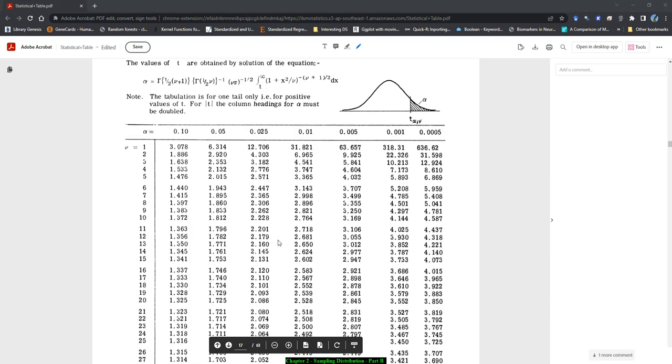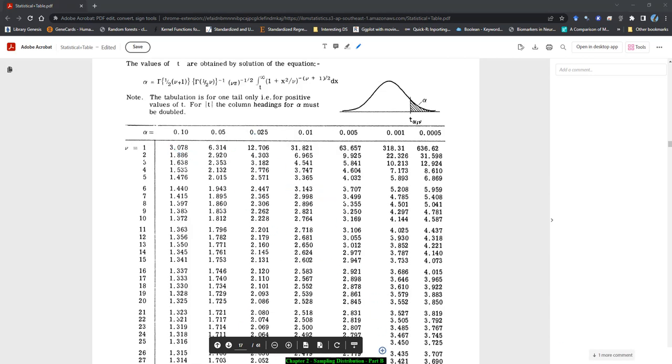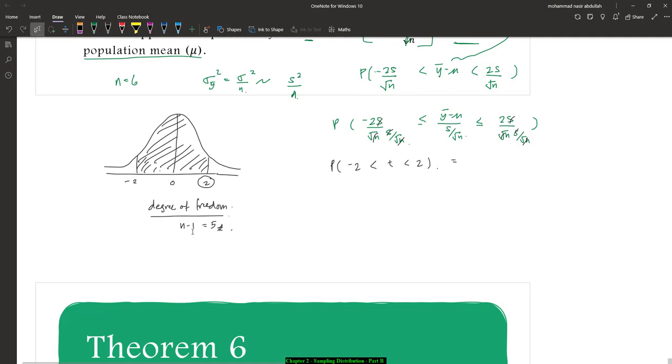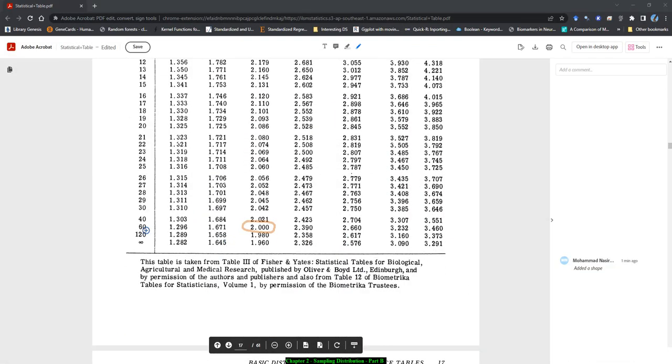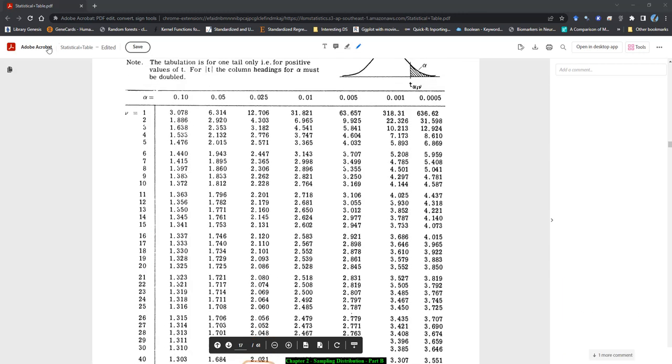But we need to consider our degree of freedom. Our degree of freedom here is 5, right? So we can't simply take this, because the degree of freedom here is 60. So we need to look at 5 degrees of freedom. For 5 degrees of freedom, the closest to 2 is either this or this. So the nearest is here, 2.015.